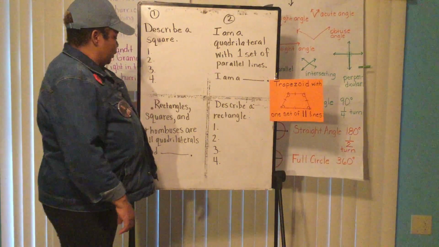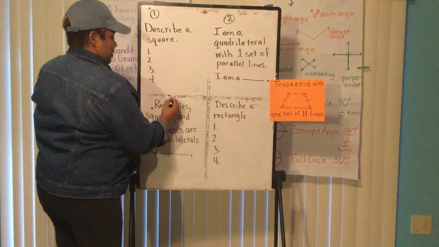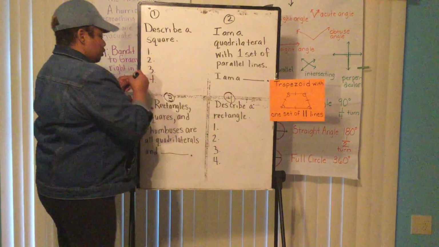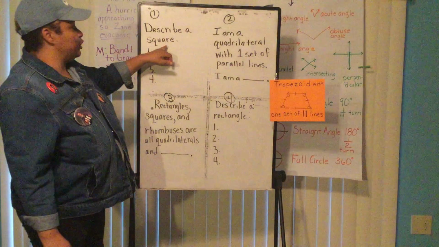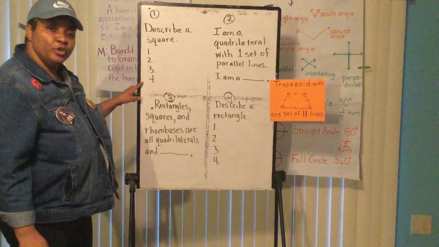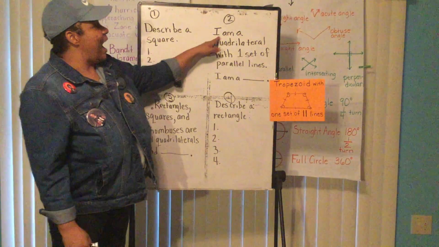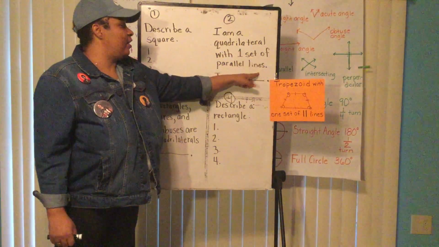I need for you, and I forgot to finish numbering. That would be number 3. That would be number 4. So number 1, I need you to write down, describe a square. 1, 2, 3, 4. I need for you to describe 4 things about a square. Number 2, I am a quadrilateral with one set of parallel lines.